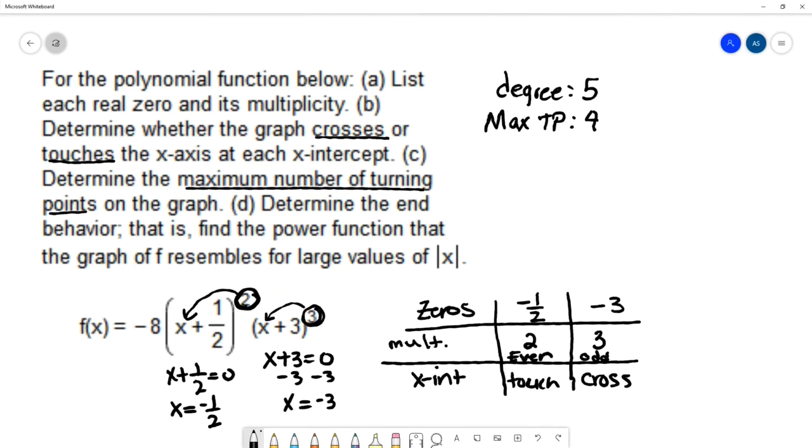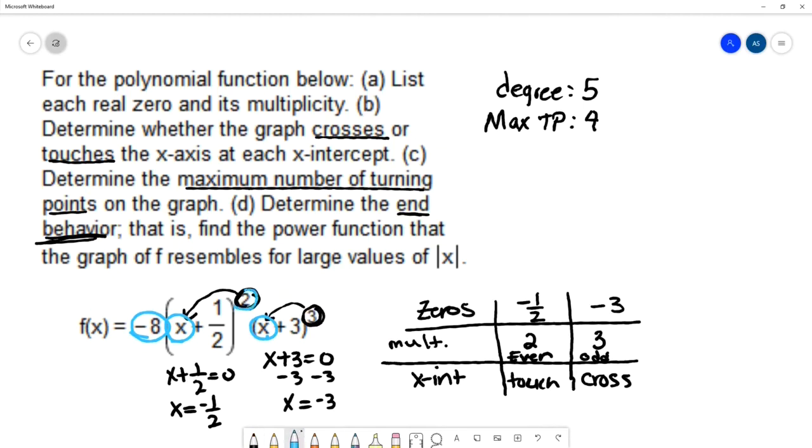So then our final part here is to determine the end behavior of the graph. To determine the end behavior of the graph, we want to pay attention to our leading coefficient here, as well as all our variable terms.